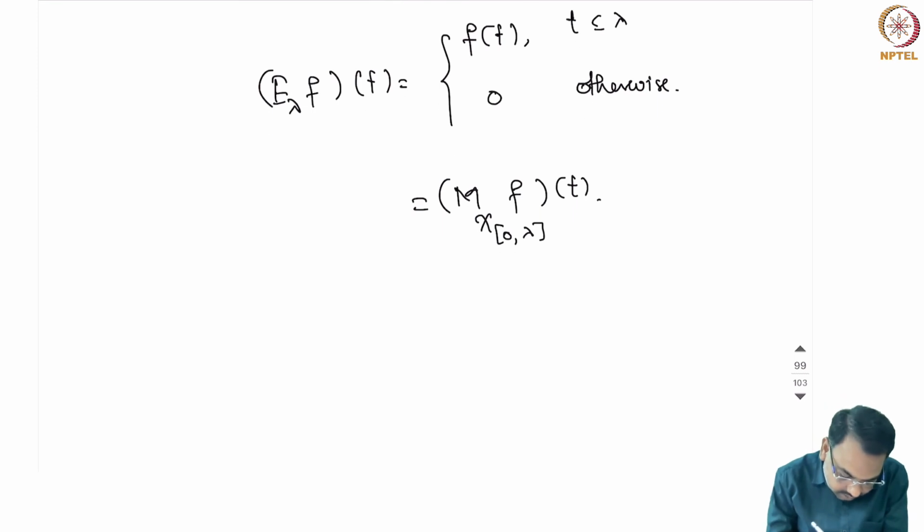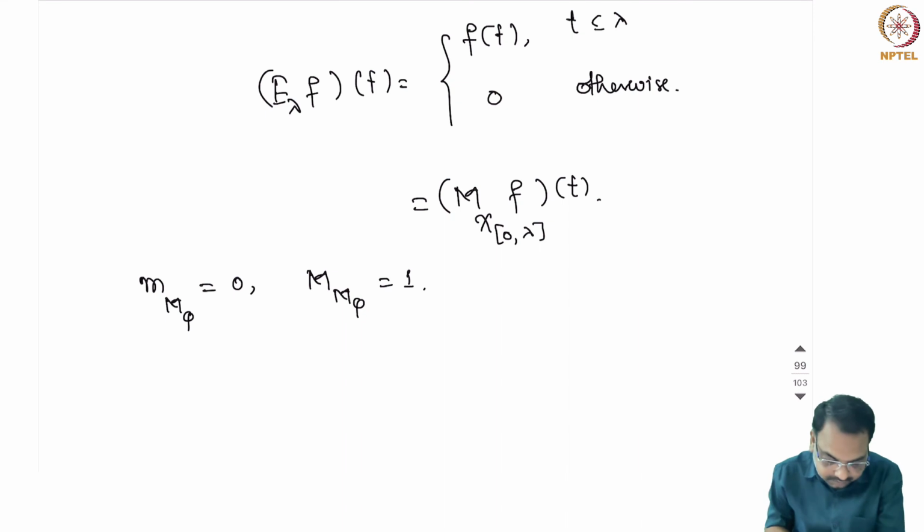Now if you look at the lower numerical bound for this operator, this is 0, and the upper numerical bound is 1. By definition we can show this.